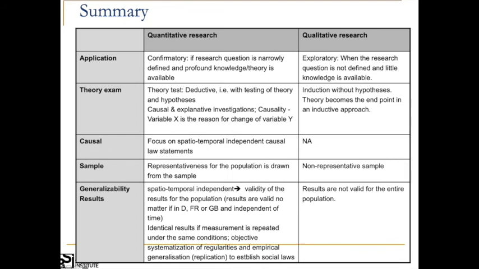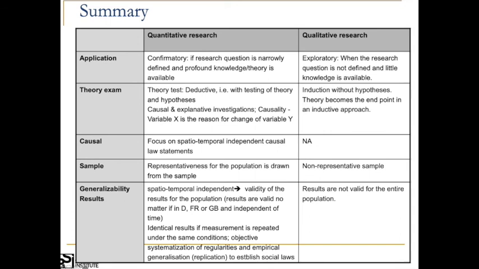And finally, the generalizability of results for quantitative research might be spatio-temporal independent, so the results should be valid for the population, no matter if the study is done in Germany, France, Great Britain, US, or any other country, and should be independent of time. So if we replicate a study, it should hold in these different countries.